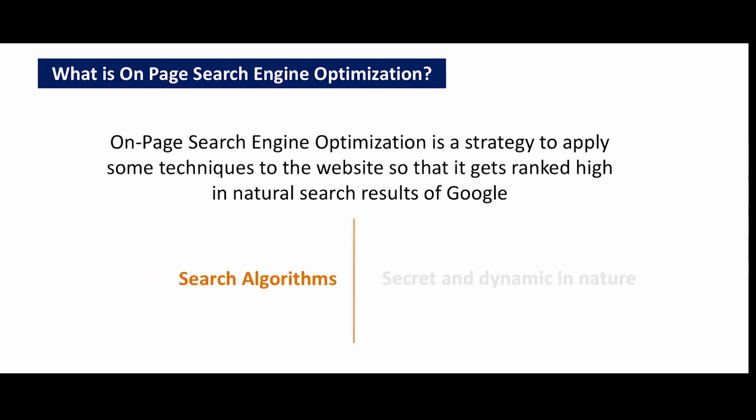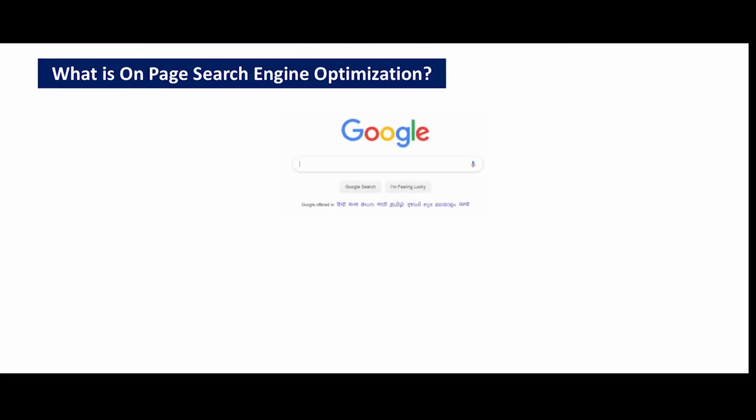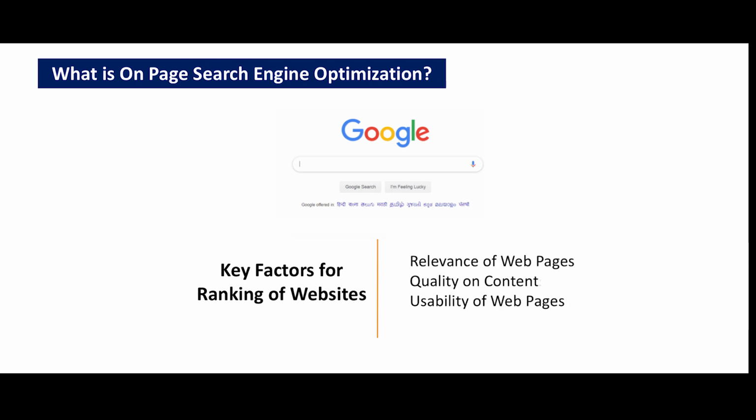Although these algorithms are secret and dynamic in nature, still based on experience, search engine optimization masters have suggested various techniques based on the key factors used by Google to rank your web pages. According to Google, factors like relevance of web pages, quality of content, usability of web pages, etc. are assigned more weightage to rank the web pages.